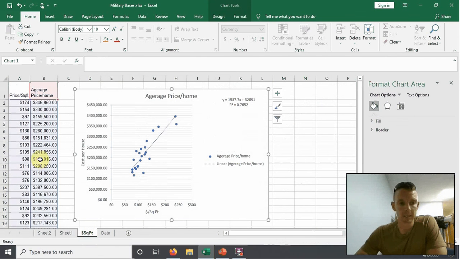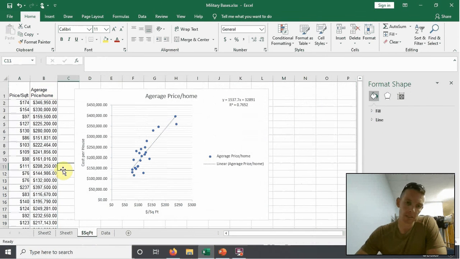And then we ran an analysis on this. What we want to try to find out is the average price of a home directly correlated to the price per square foot. Well, how do we do that? We do that using the data analysis tab.